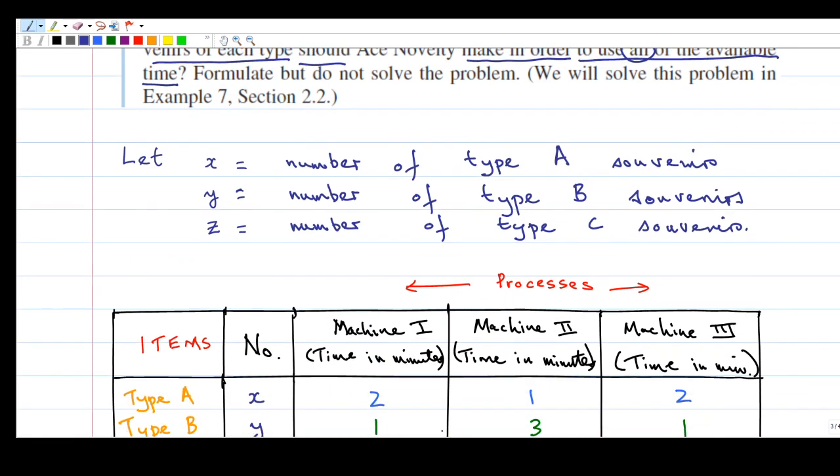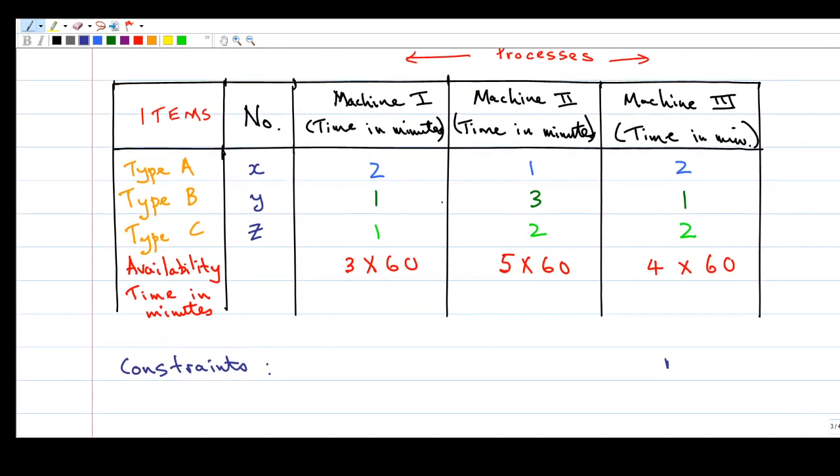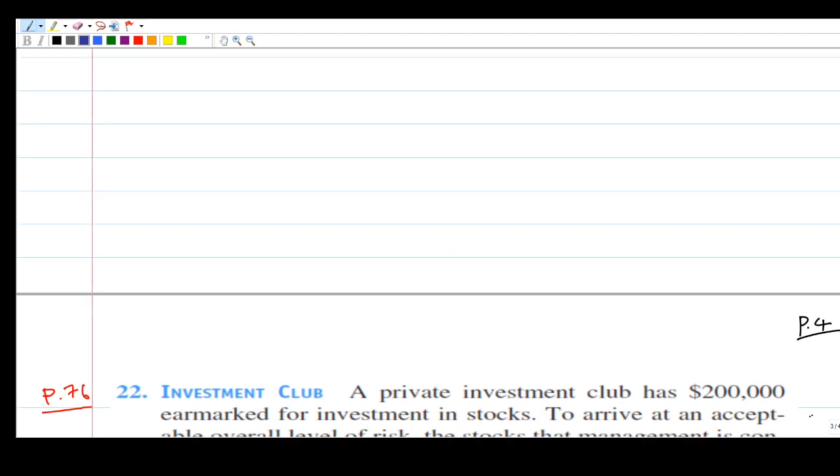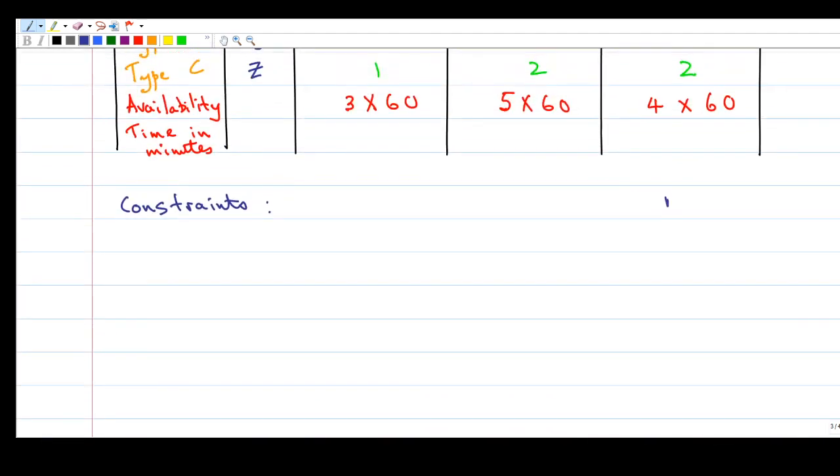If we look at the constraint from machine 1, your 2x plus y plus z must equal 180. So from machine 1, that's 2x plus y plus z is equal to 180.